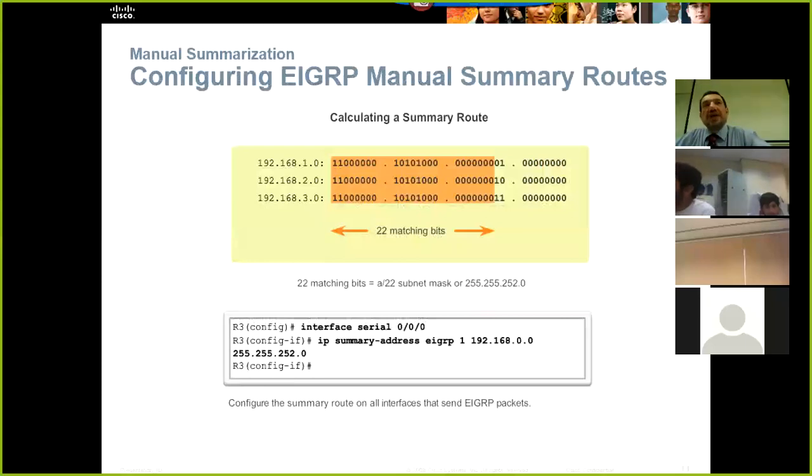I'm summarizing, less than the classful boundary. We are set to create a supernet route. A supernet is the opposite of subnetting. Subnetting, I take a network and create smaller subnets by increasing the subnet mask. The subnet mask goes from 24, 25, 26. I'm increasing the prefix. I'm going to the right. I'm borrowing bits from the host to create subnets.